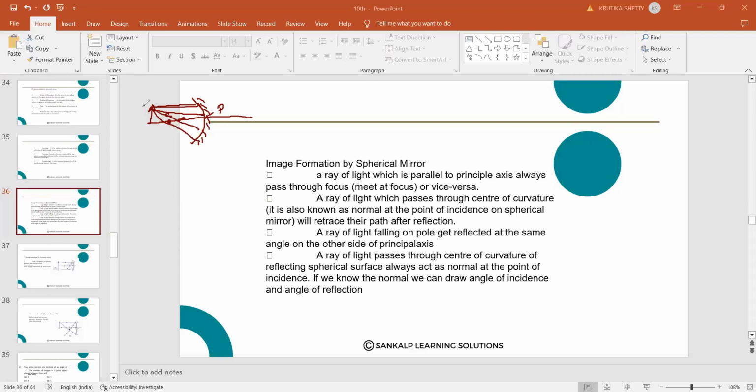So here many rays are coming towards the mirror, and all the rays will get reflected. Just for your understanding, I'll say that from this object 20 rays are coming out. So assume that all the 20 rays are reflected.